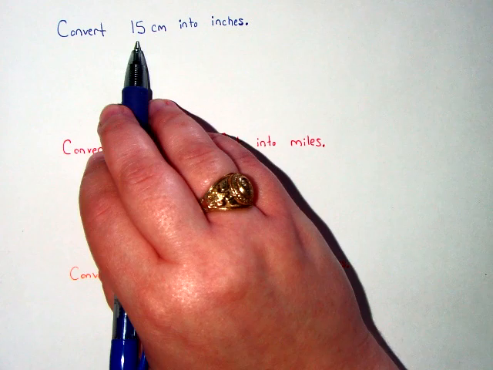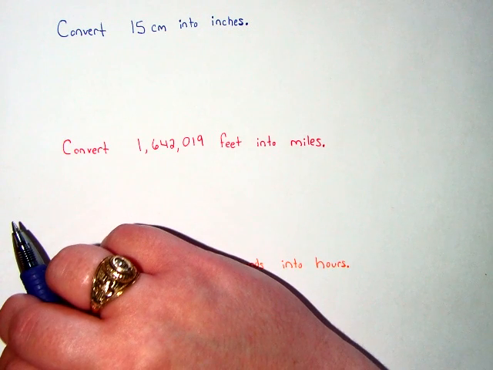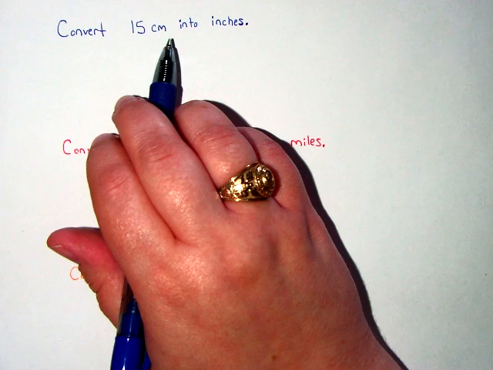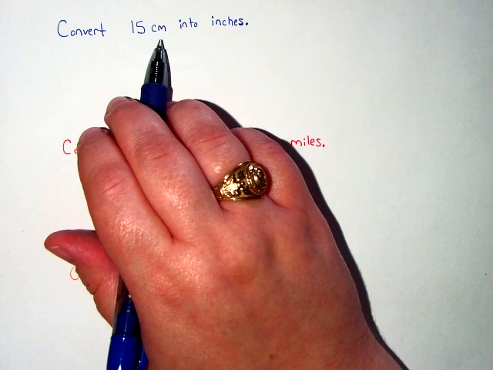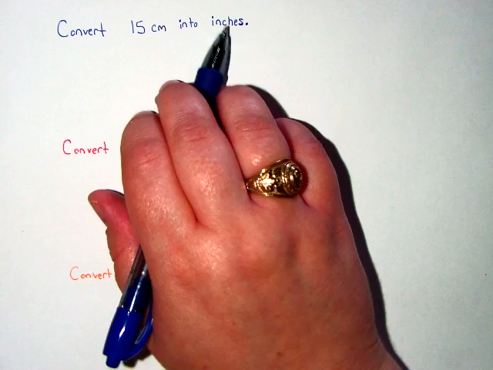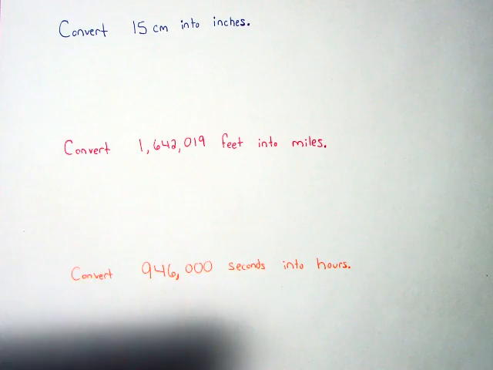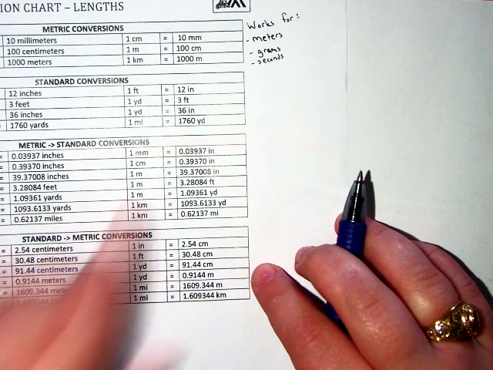So let's look at this. Convert 15 centimeters into inches. So this is something we might do in a science lab. We have meter sticks, so we measure a lot in centimeters. Maybe I want to know, how much is that in US inches? Okay, so let me come over to my chart.